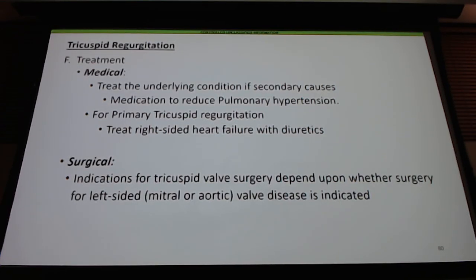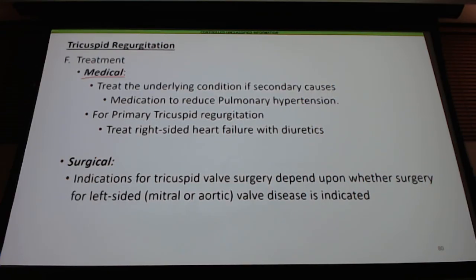From a treatment standpoint, from a medication therapy, the most common causes of tricuspid regurgitation are going to be things that affect the pulmonary system, like pulmonary hypertension, maybe even pneumonia, COPD, those types of things. So let's address those conditions if it's a secondary cause.